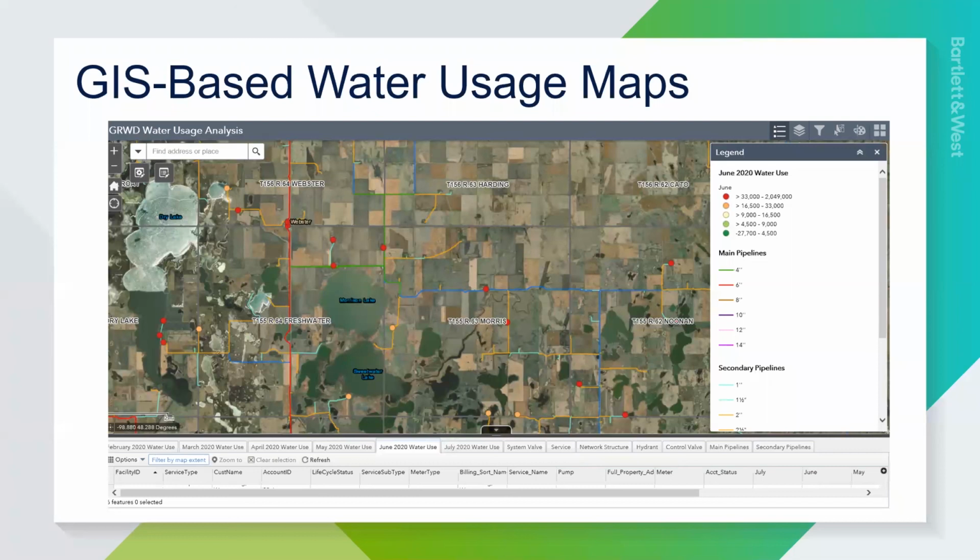So where we ended up, and our recommendation to the owner in this case, was for these 22 users in here. They ranged with monthly water usage from 30,000 gallons a month all the way up to probably 200,000 gallons a month.